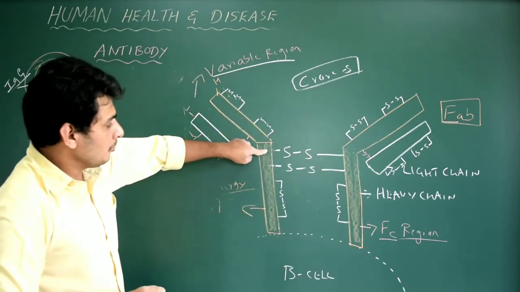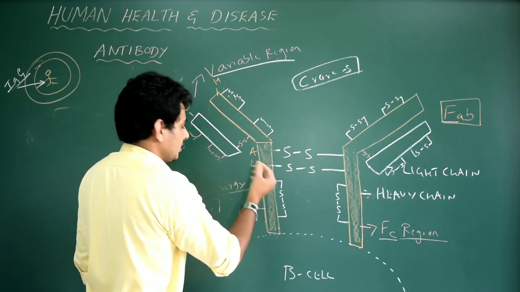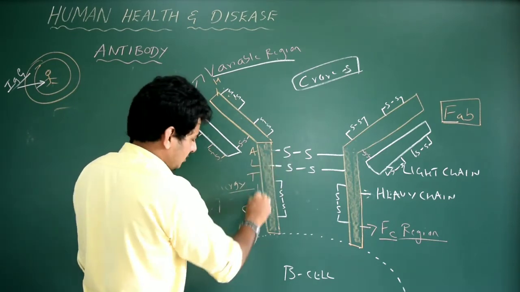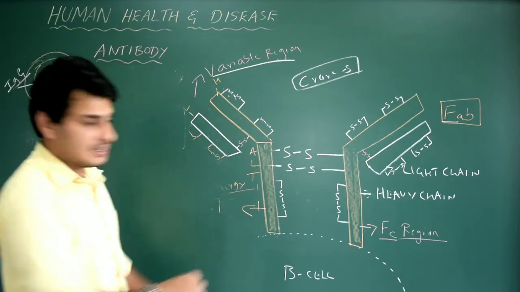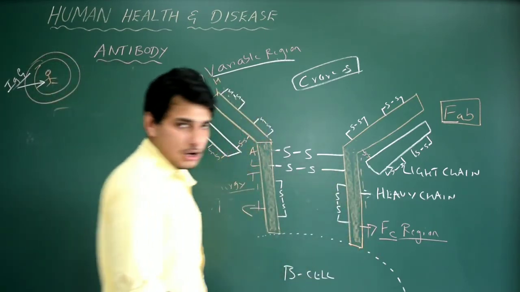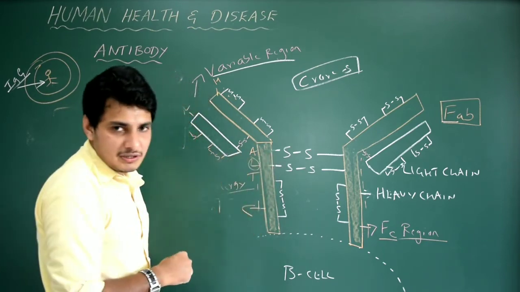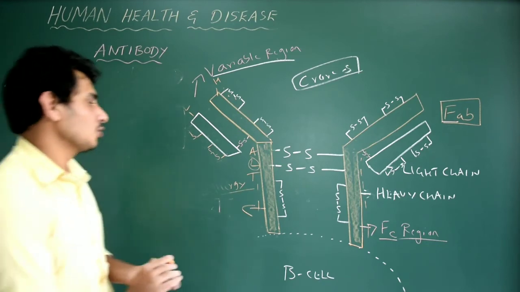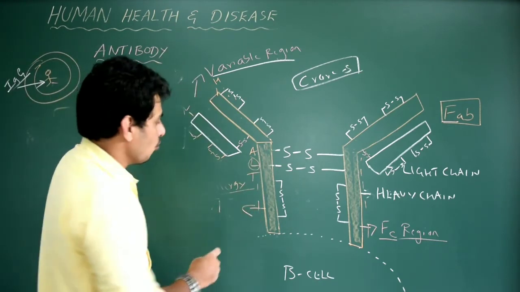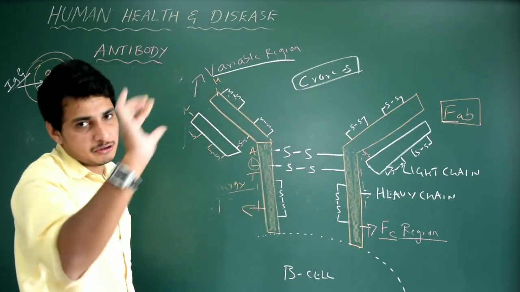Based on the sequences, let us say arginine is there, lysine, tyrosine, whatever the different types of amino acid chain. Here also the amino acid chain is there. If it varies based on the arrangement of the amino acids, then we can classify them into different types of antibodies, or immunoglobulins, based on the sequence. What type of polypeptide is present here in this constant region? Based on that, there are 5 types.